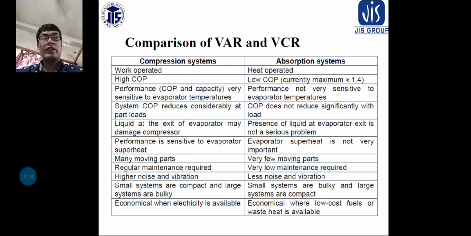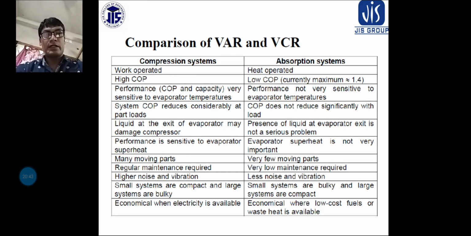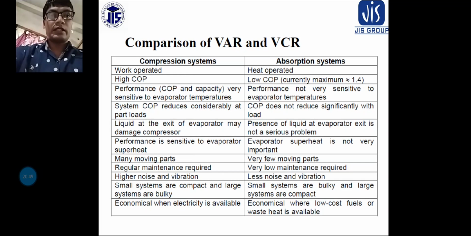Now we come to the comparison of VAR and VCR: the vapor absorption refrigeration system and the vapor compression refrigeration system. The first comparison is work operated versus heat operated.